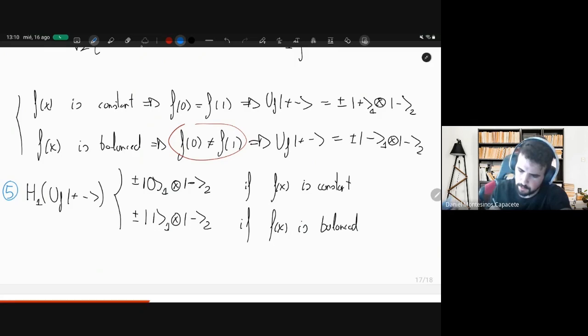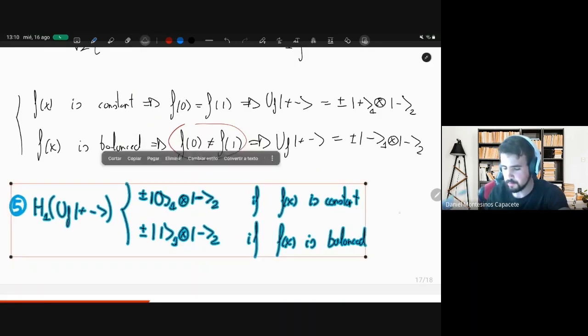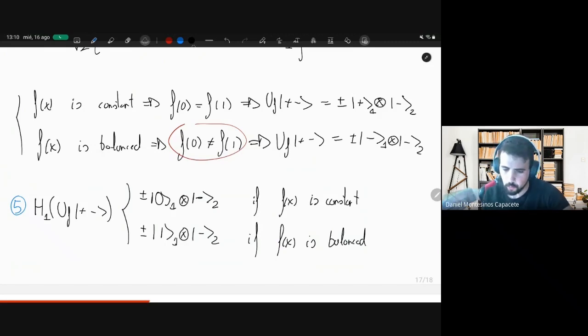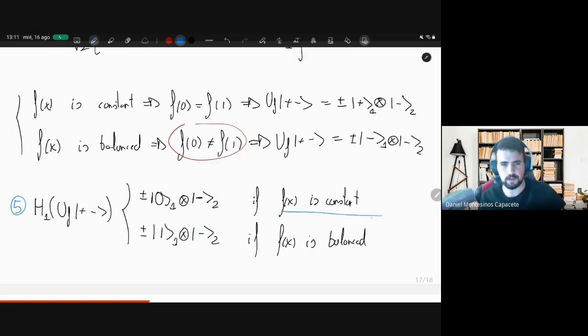So basically, we have solved our problem because we see that we can know what type of function we are working with using just one quantum circuit. Because if we do this quantum circuit, we will get either 0 if the function is constant, or we will get 1 here in the first qubit if the function is balanced, right?